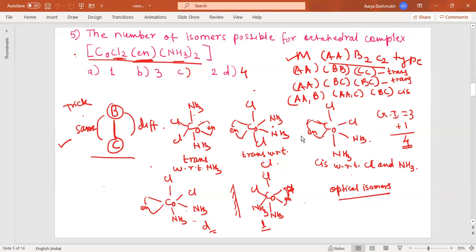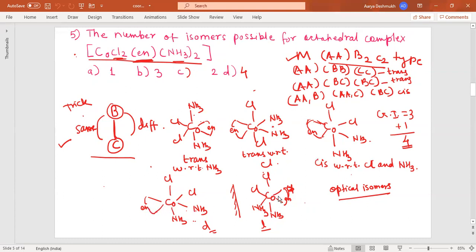Now out of these three geometrical isomers, which one is optically active? Okay, so now here you can easily draw the structure. Out of these three, the cis one, the third one, I am talking about. So I drew it here again. You can get exactly the non-superimposable mirror image of this because it has no plane of symmetry.